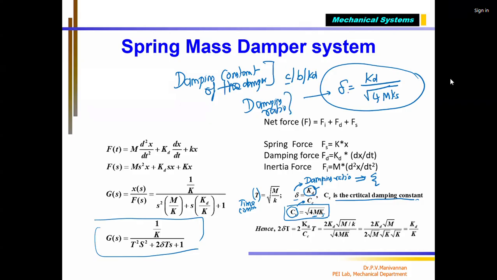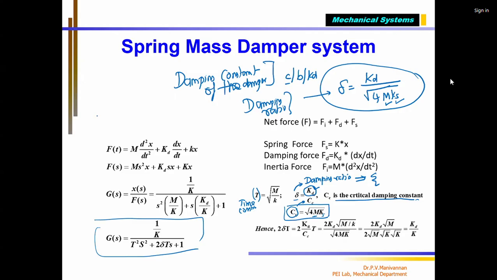The damping ratio not only depends on the damping constant, it also depends upon the mass of the mass element and the spring stiffness. This is the total equation. This damping ratio is going to decide how the system output will behave when a particular input is given.